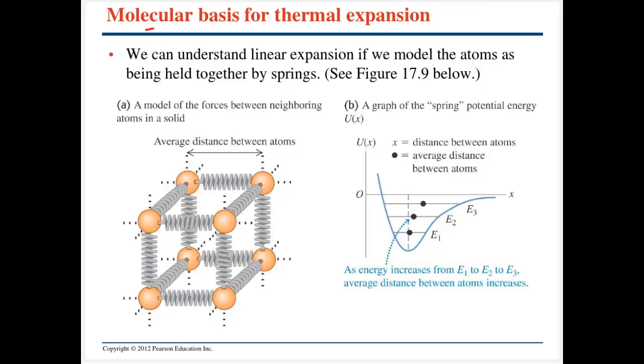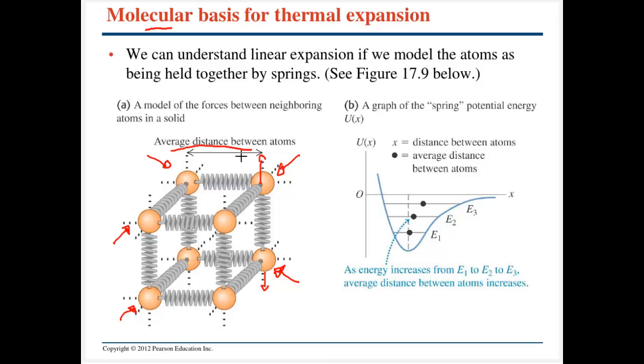Kind of what's going on at a molecular level is that we tend to model solid objects as individual atoms that are bound together by springs, and because this object has some temperature, some energy associated with it, these springs are actually wobbling up and down.